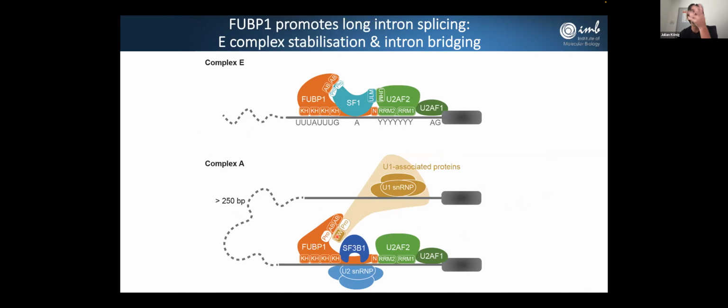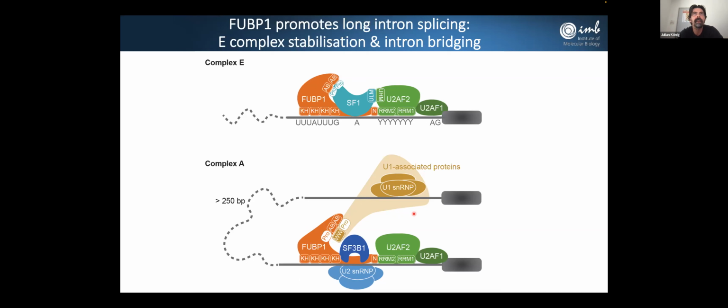One hypothesis is that bridging of FUBP1 to these U1 snRNP components contributes to definition of these introns, or helps bridging across these introns. And this might also be particularly relevant if you have longer introns.